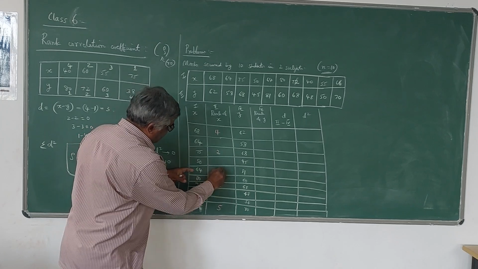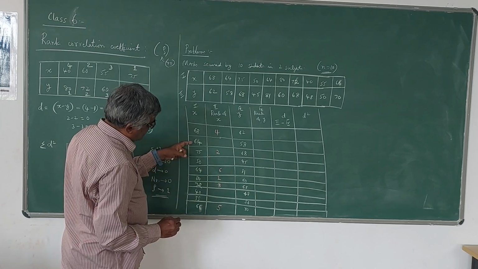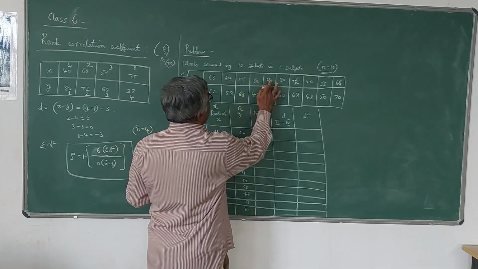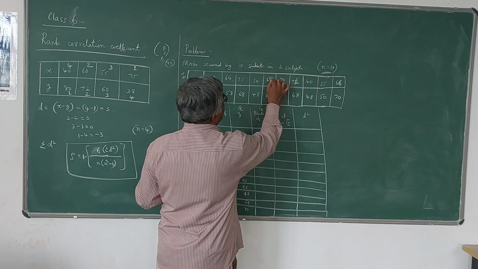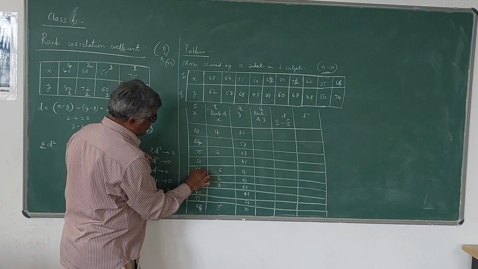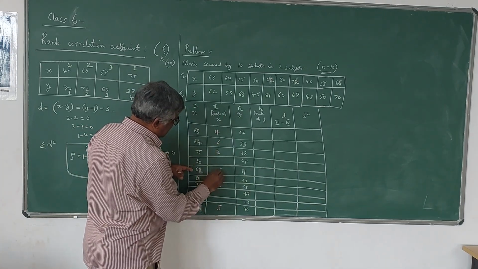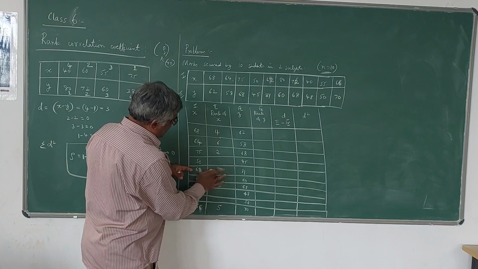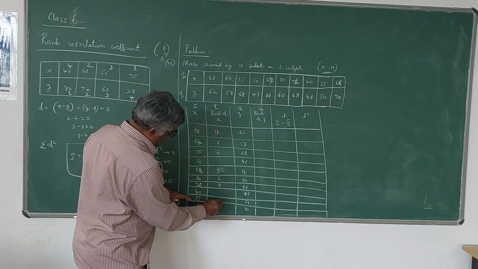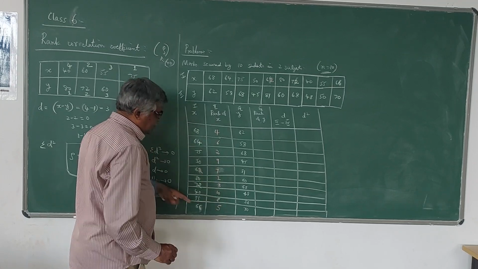Then 64, 6th rank. 64 is also repeated, so let me take this as 62. So 64 is 6, then 62 becomes 7. Then 55 becomes 8, 50 becomes 9, 40 becomes 10. So these are the ranks.